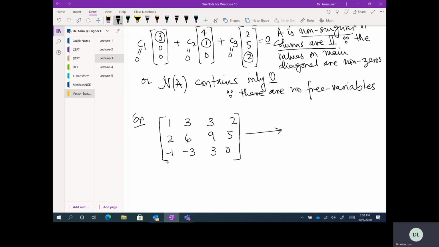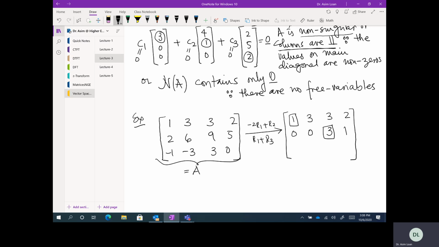If I do -2R1 plus R2, and then R1 plus R3, I get 1, 3, 3, 2; 0, -2 plus 2, -6 plus 6, -6 plus 9, -4 plus 5, which gives 3 and 1. This is a pivot.